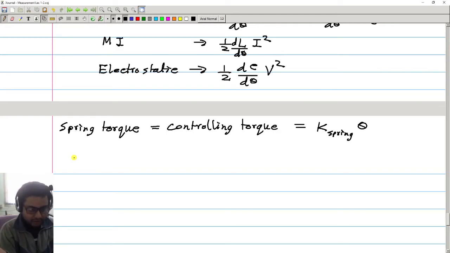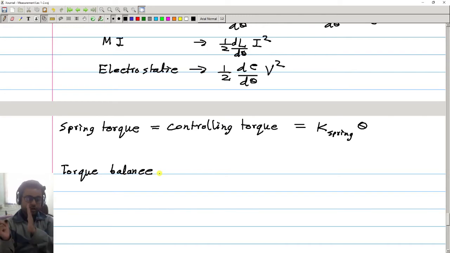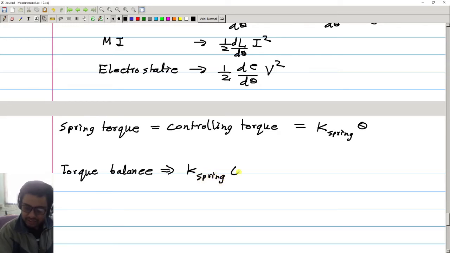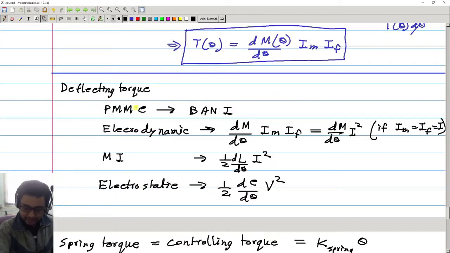We use torque balance under equilibrium. That means when the pointer is not moving anymore, it is not accelerating, so the net torque is 0, and net torque 0 means the spring torque K times theta must be equal to the deflecting torque, which will have different expressions for different instruments.